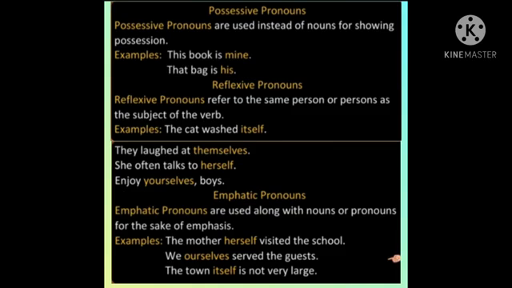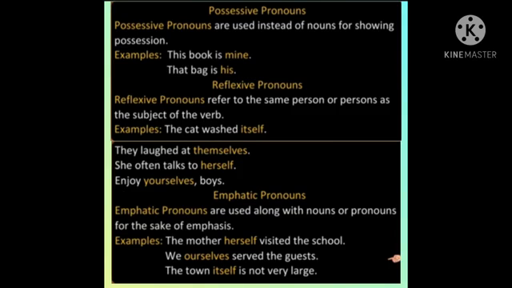The second one is the possessive pronouns. Possessive pronouns are used instead of nouns for showing possession. Possession means owning something. It is belonging to somebody. That is called possession. Examples are this book is mine, that bag is his.